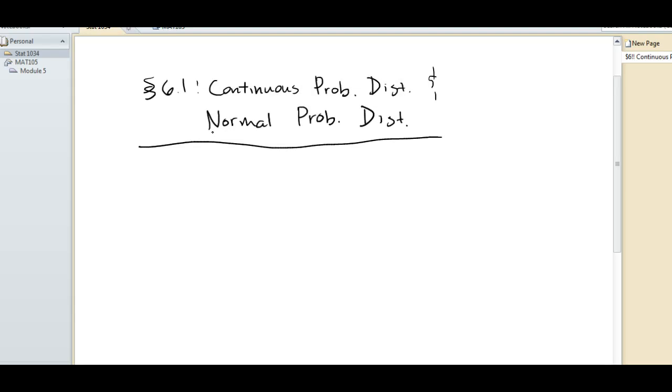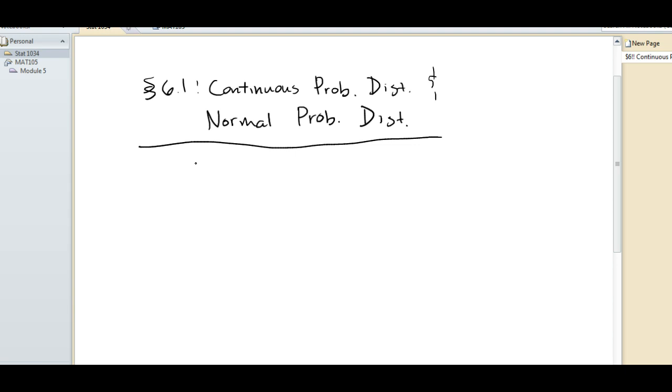Okay, so let's have a look at what those things are and why they're important. Mostly we'll be looking at normal distributions this chapter, but continuous distribution is a little more general notion.